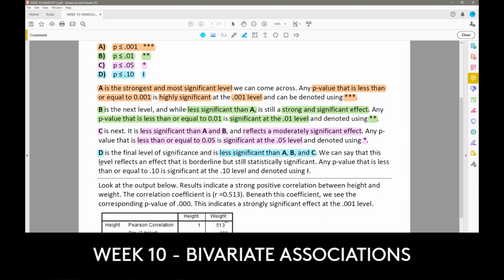So we can say that this level reflects an effect that is borderline, but still statistically significant. So any p-value that is less than or equal to 0.10 is significant at that level, and we can denote this significance level using this symbol here. It's like a little cross, okay?